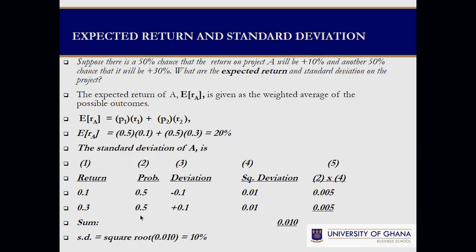If we want to get a standard deviation, we have to find the mean. So this is a small table we are doing. Let me bring my marker. This is return 1 and this is return 2, and they have the same probabilities.